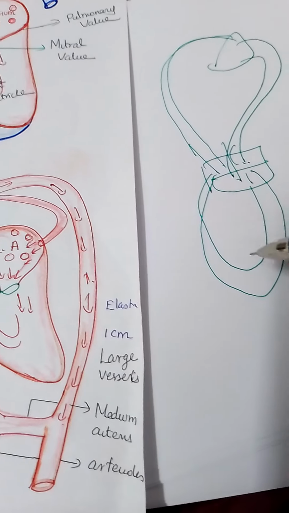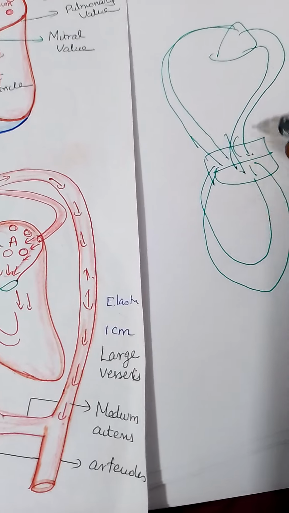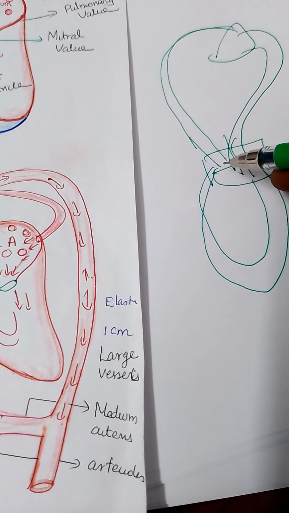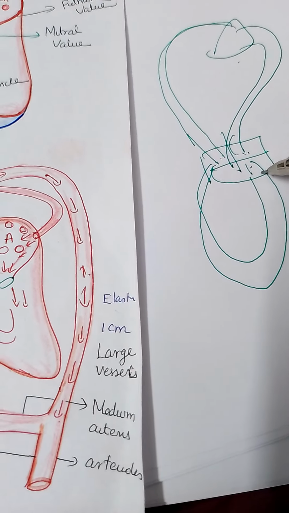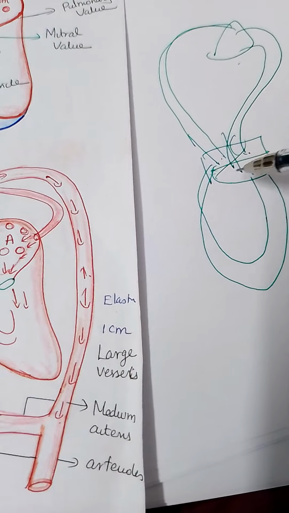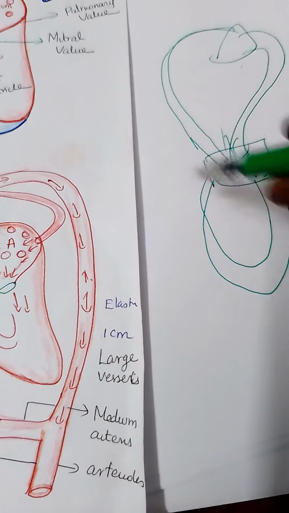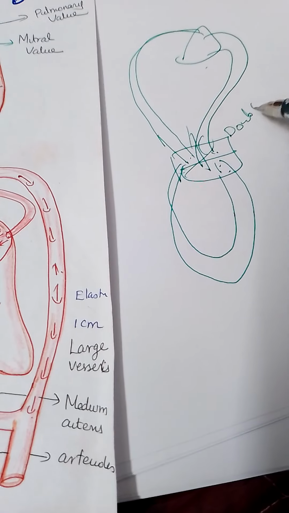So it is a double entry: from the right side going to the lungs, and then coming to the left side. From the left side, again it is circulating to the whole body. So two times the blood is entering. So it is called double, and it is closed.